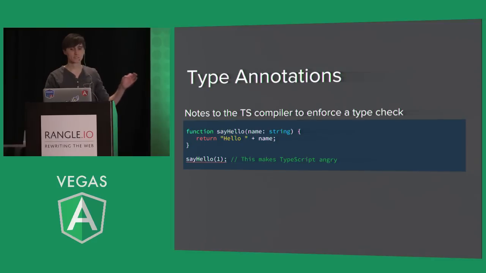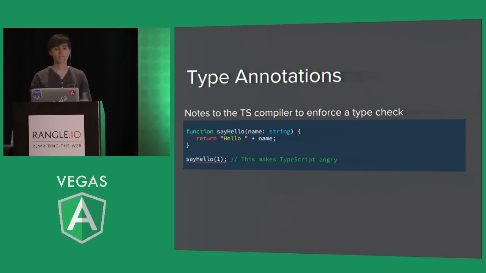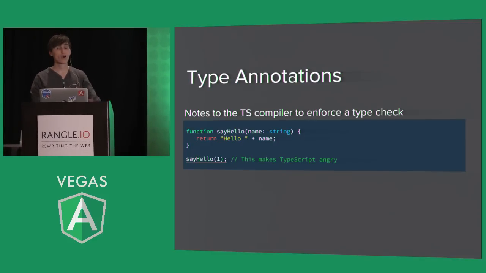This is a piece of TypeScript code, which is the superset of JavaScript, and I'm writing a function called sayHello. I'm passing in a parameter for name, but I'm giving it a type annotation of string. All this does is provide a note to the TypeScript compiler that says if anyone tries to put anything else but a string inside this function, I'm going to get really mad and let you know about that.